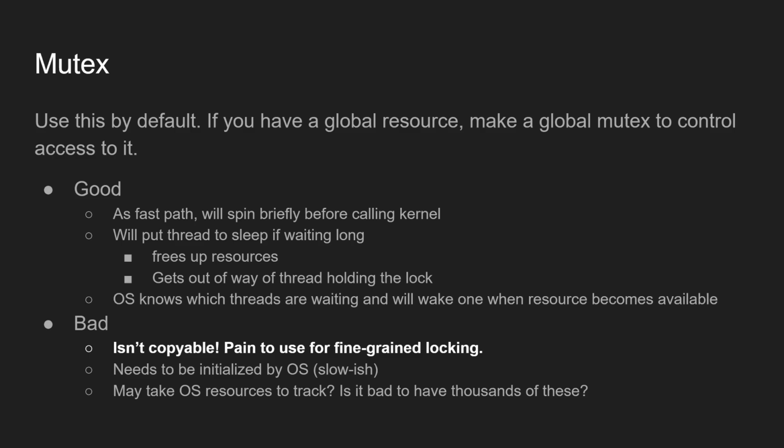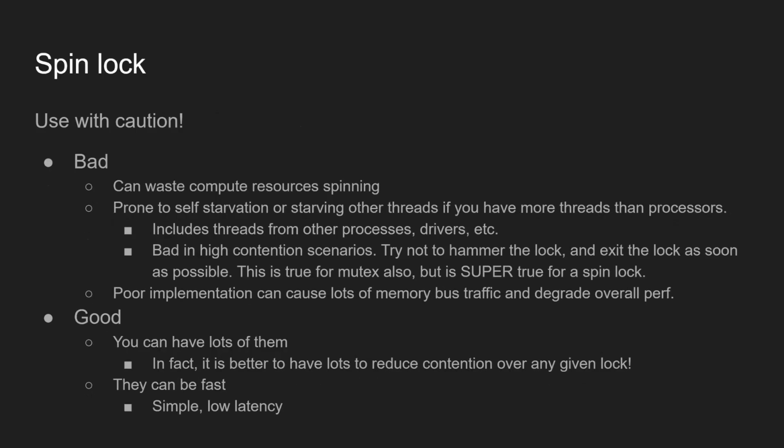Operating system calls to create and destroy mutexes are slow, and it may potentially take resources in the operating system itself to keep track of these things. So I don't know what the implication is of having thousands, tens of thousands of mutexes. It might potentially be bad.